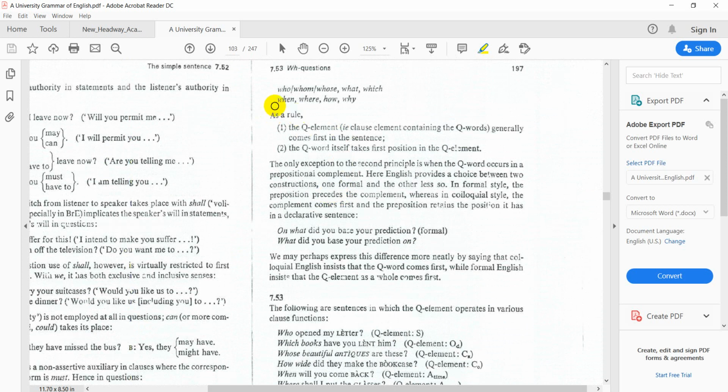These are as follows: who, whom, whose, what, which, when, where, how, and why.